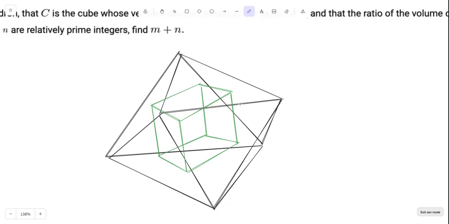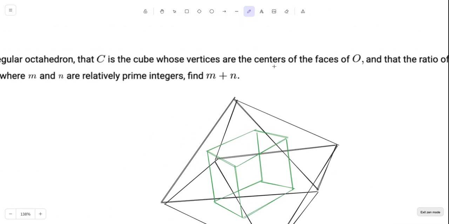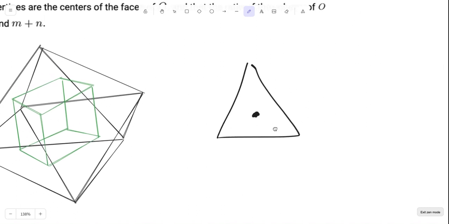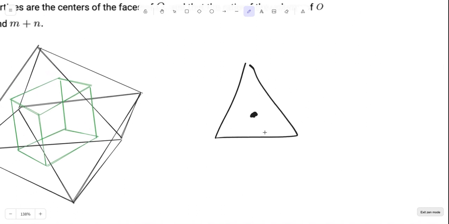So the centers of the faces, this is the important part. If you take the center of this face, it's going to be where the medians intersect, it's going to be the centroid. That's what it means by center. Which means it's going to be 1/3 of the way up the height of the equilateral triangle.